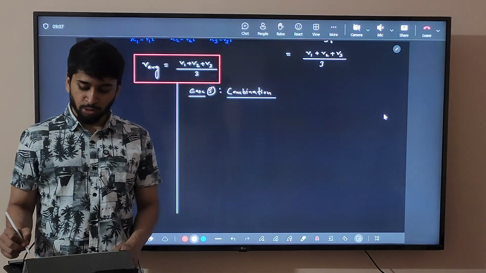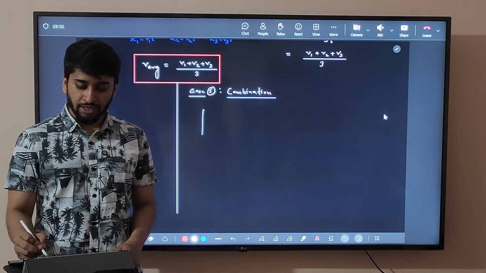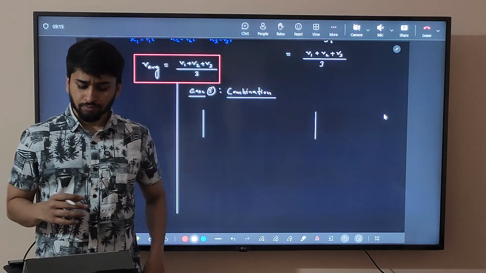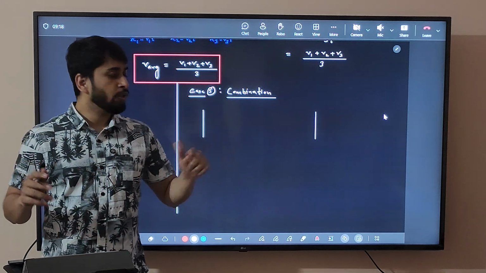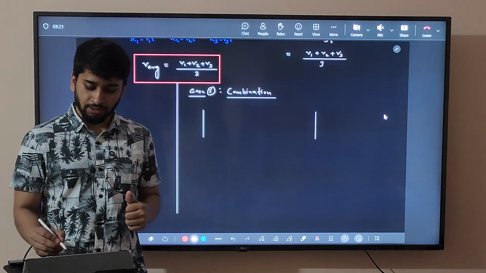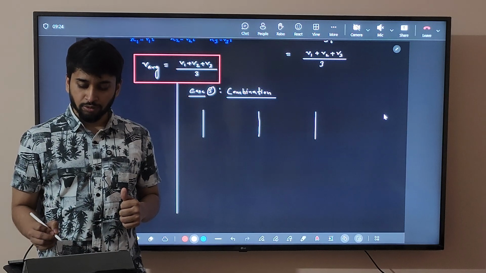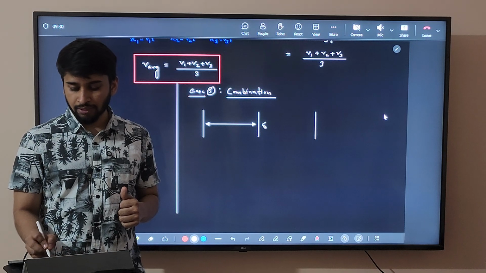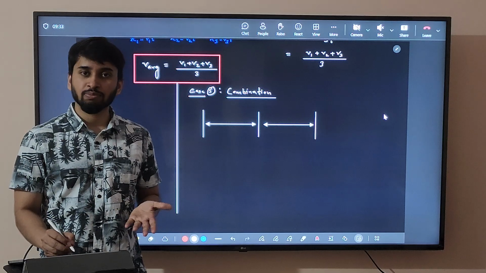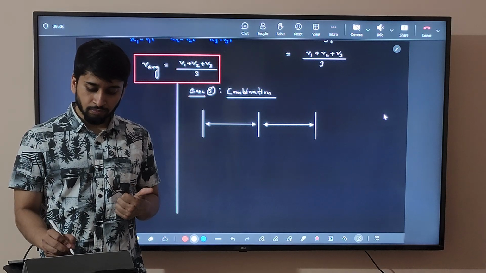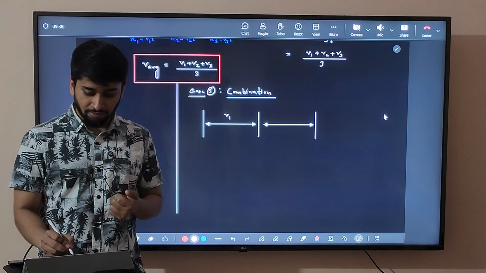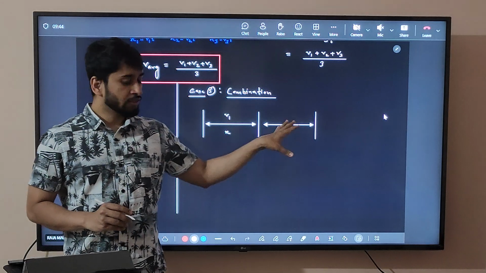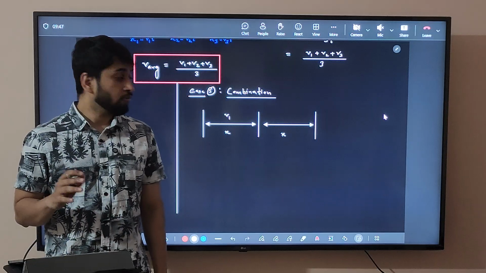Suppose the question is like you are going from a point A to a point B and you divide the complete distance into equal distance intervals. The first half distance x you travel with speed v1, and the next half distance x you do not travel with a single speed v2.